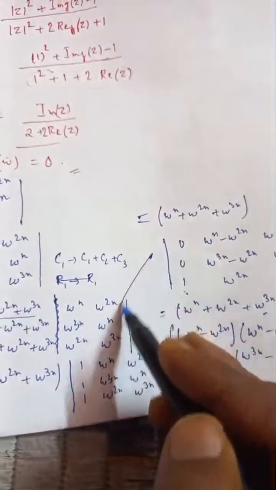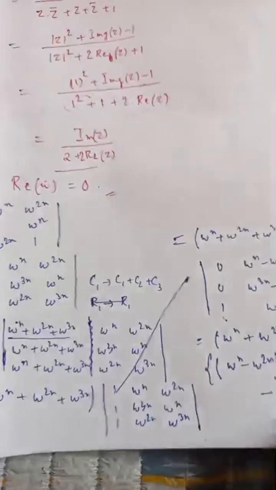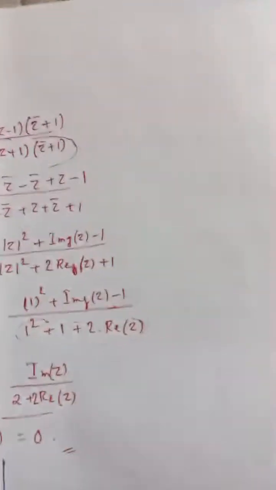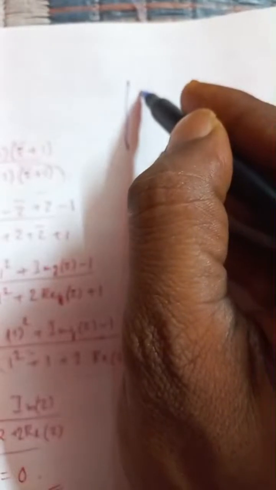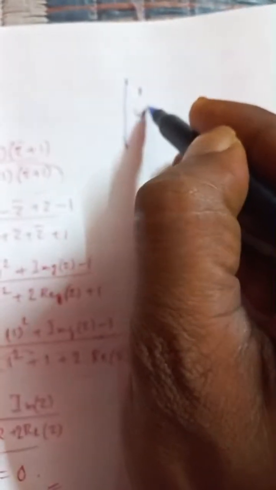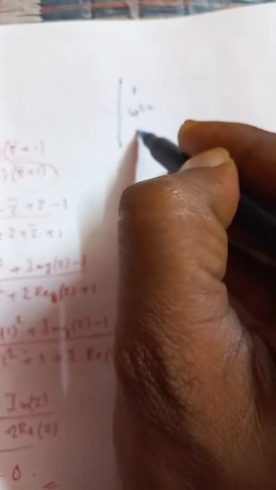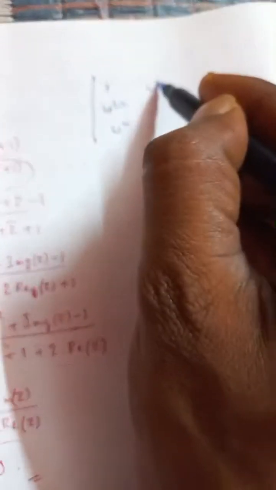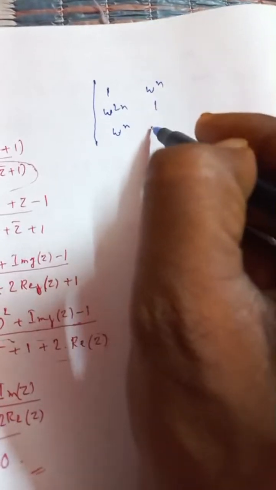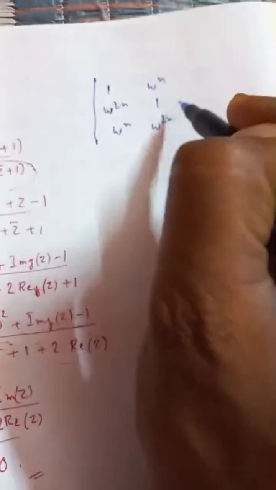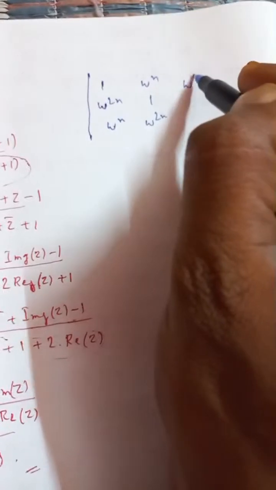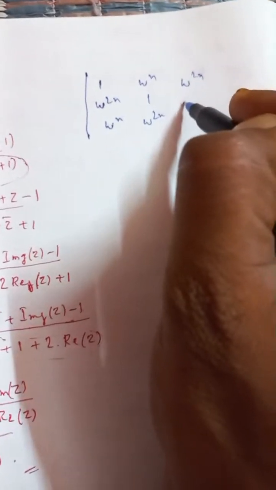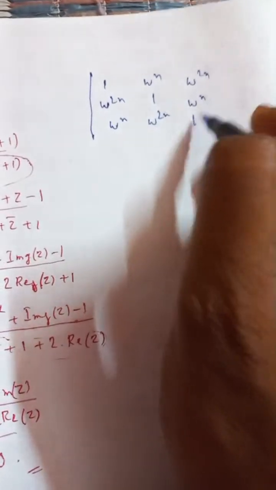You can do it in smaller form. This is the large one. You can do it in this way, given that omega, 1, omega to the power 2n, omega to the power n; omega to the power n, 1, omega to the power 2n; omega to the power 2n, omega to the power n, 1.